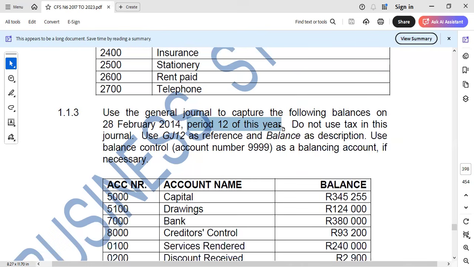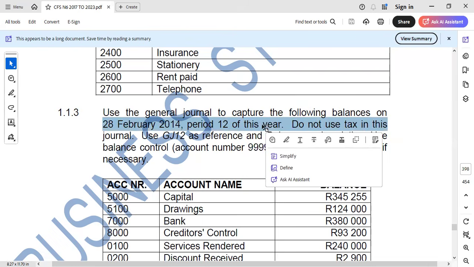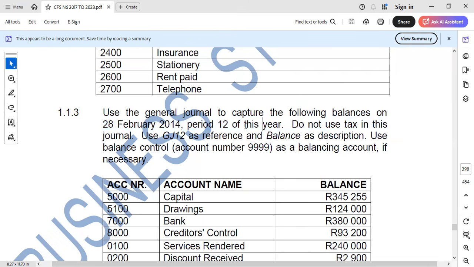Sometimes they will say period 12 of last year here. So for you, you have to read this part. So it is very, very important to read and understand what they are saying there, please.